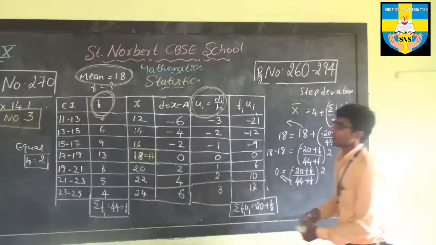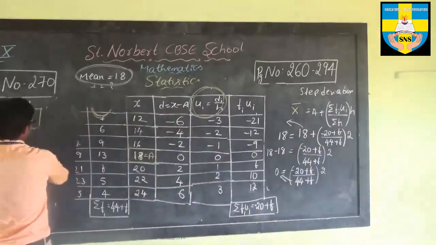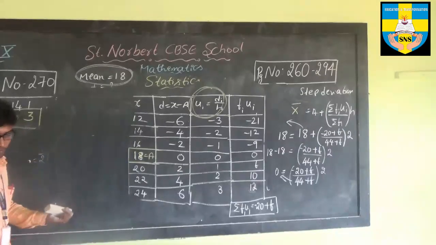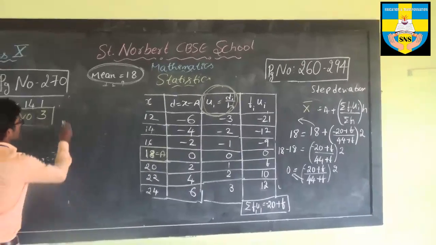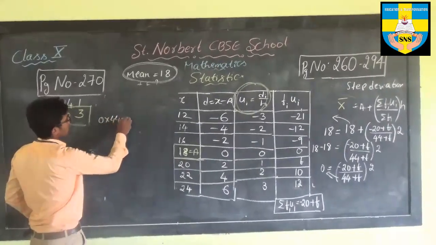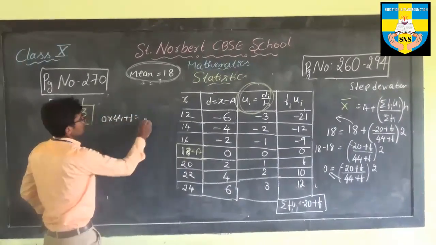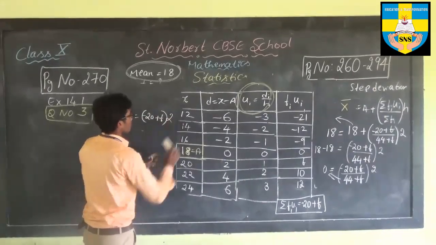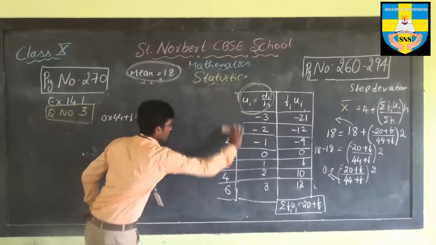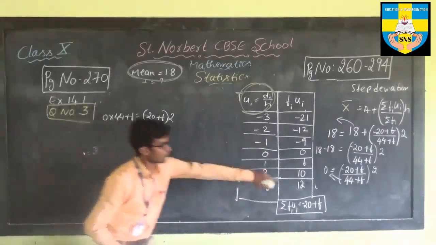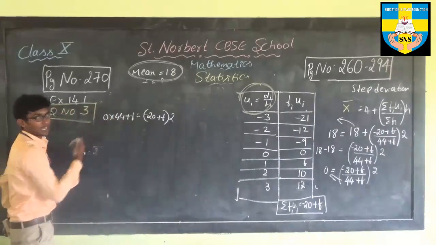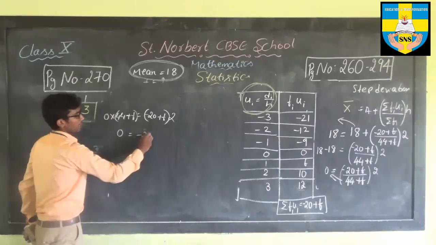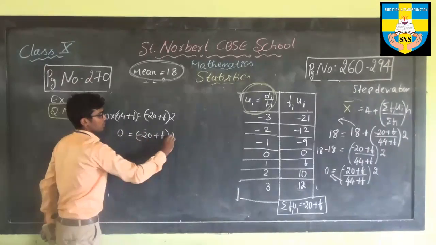Afterwards, let me do the calculation. So if you continue, you will be having 0 into 44 plus F is equal to minus 20 plus F into 2. Right? After cross multiplication. Now what is 0 into any number? 0 into any number is always 0. So minus 20 plus F is equal to 2.